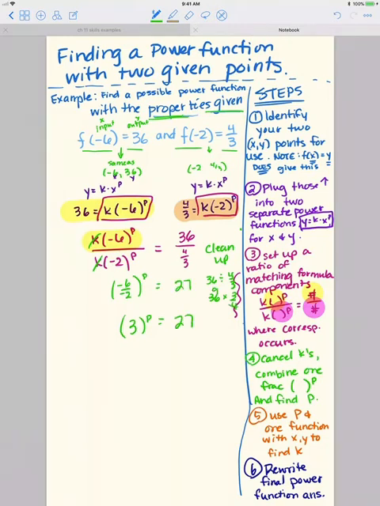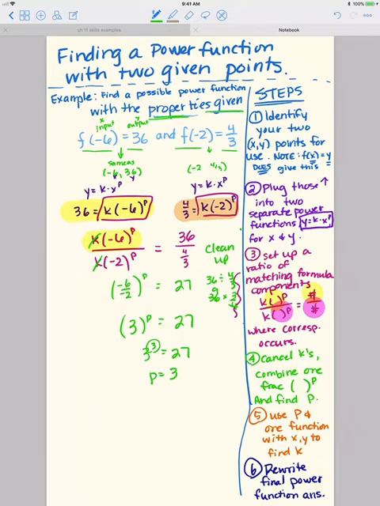So our simplified proportion that we made with the ratio pieces from the power functions gives us that 3 to a power equals 27. Well, 3 to the 3rd power is 27, so that would make our power a value of 3. So this is a cubic function.